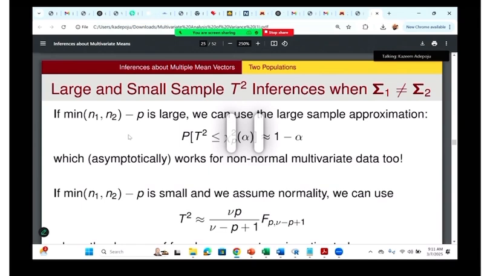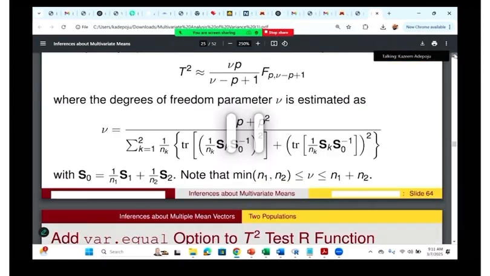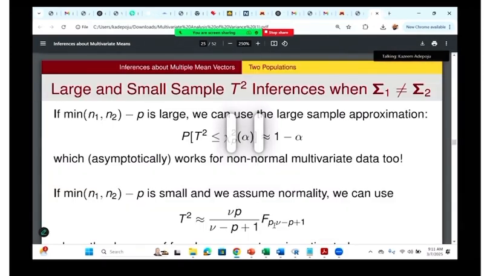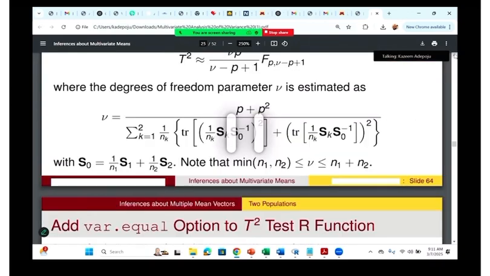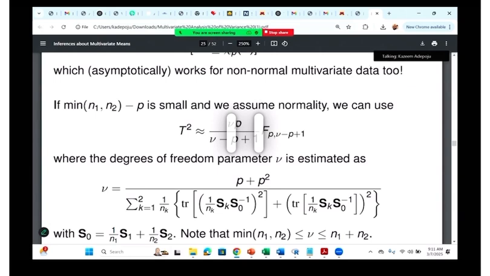You can see that? T-squared is going to follow that. Otherwise, T-squared is going to follow chi-square the moment the minimum of N1, N2 minus P is large. For small, it is like that. So just wanted you to take note of that. Now, you can see here, you have a V and P.